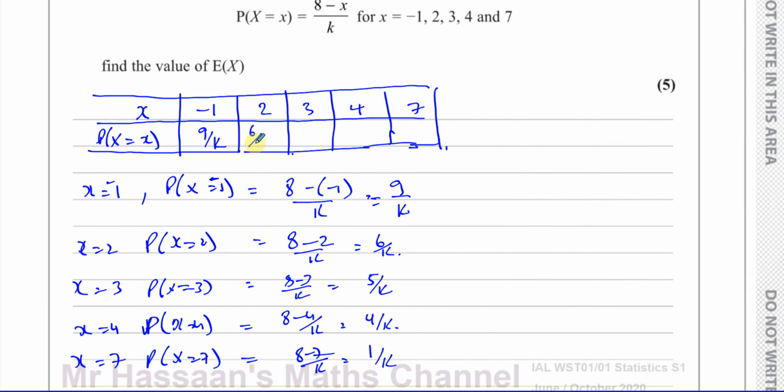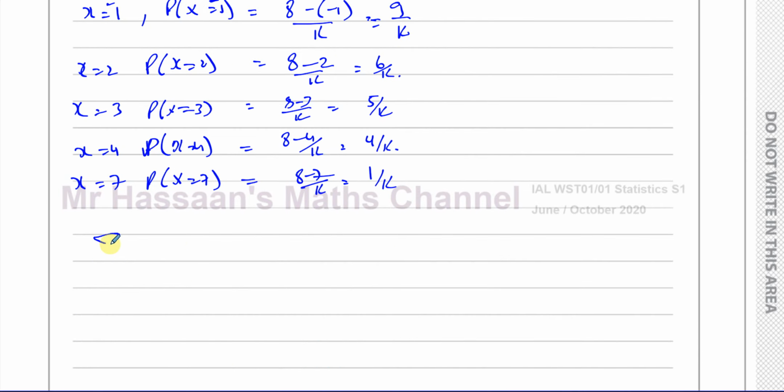So we have 9 over k, 6 over k, 5 over k, 4 over k and 1 over k. Now what I know is that the sum of all the probabilities is equal to 1.